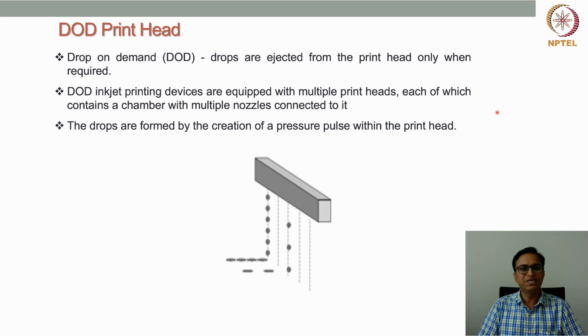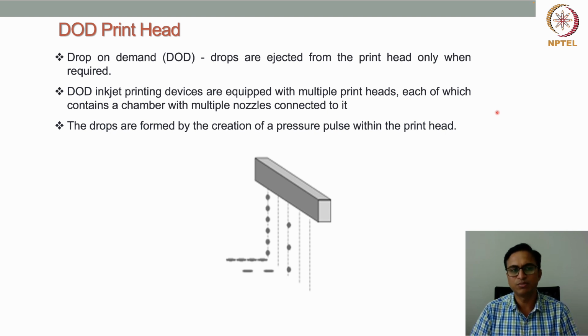Now in DOD printers, what happens? The droplets are ejected when required. Suppose whenever a signal is given to the printer, only at that time the droplets will be generated. That's why it is called drop on demand, right? This drop on demand printer is equipped with multiple print heads.